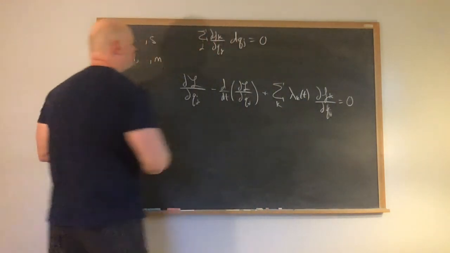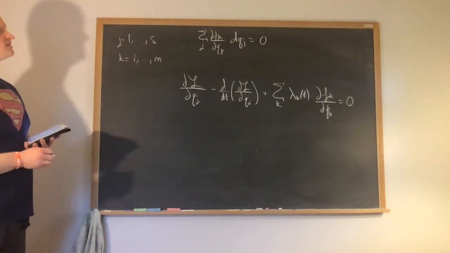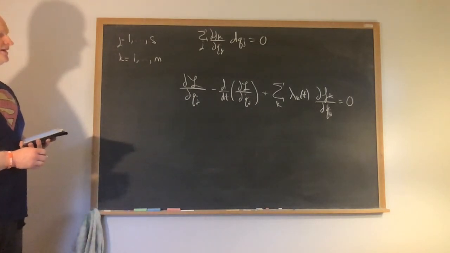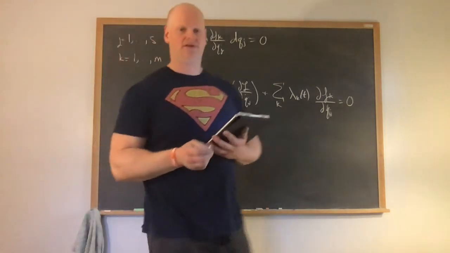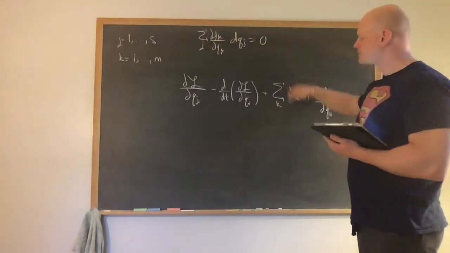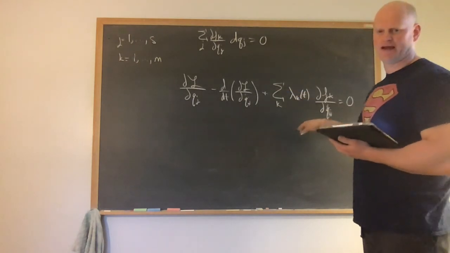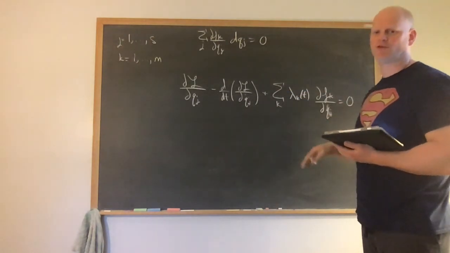So in this case, if we have a constraint which is given in terms of a differential equation, we can easily add that to Lagrange's equation, and now we can solve the dynamics using this undetermined multiplier.